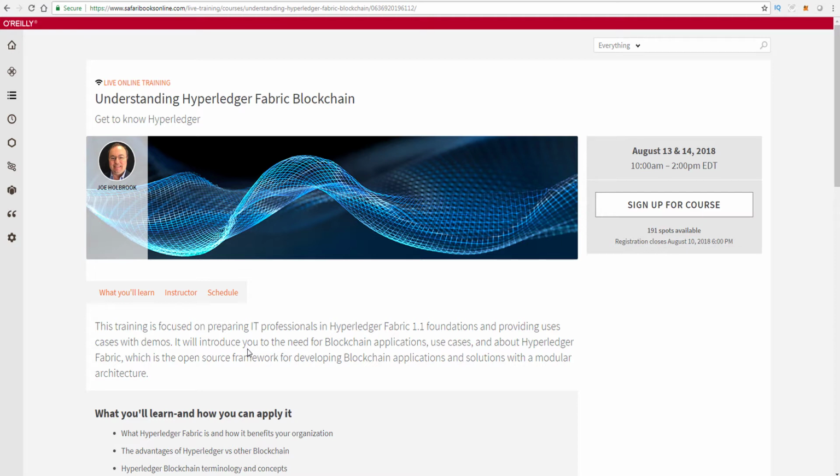Generally, when we talk about blockchains, it's really important to know what kind of applications could be deployed on this platform, but also what are the use cases. For those familiar with the Hyperledger project, you understand that it's really not just one blockchain, but a whole collection of blockchains. And we're going to specifically talk about Hyperledger Fabric.